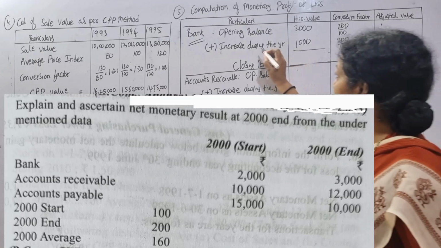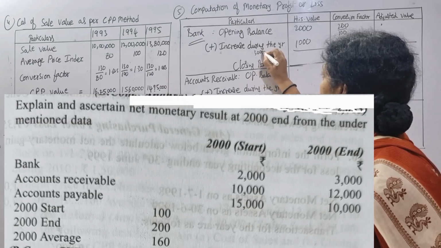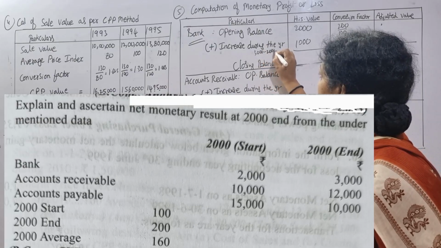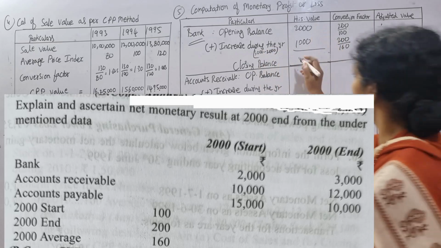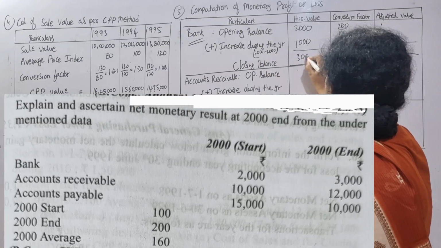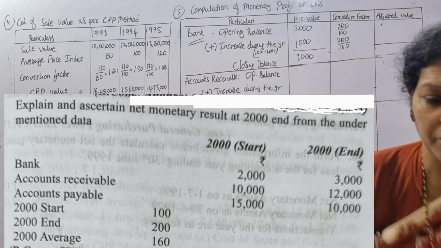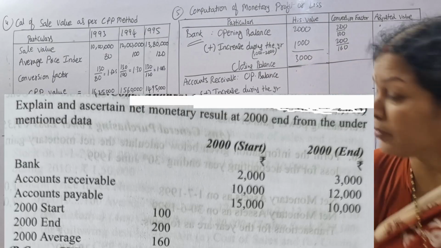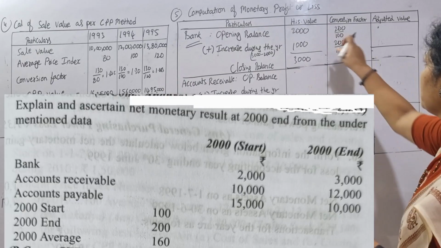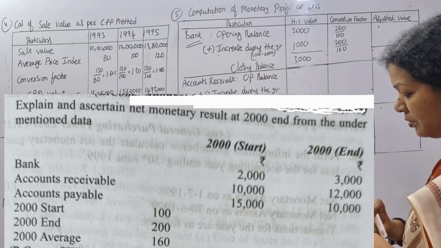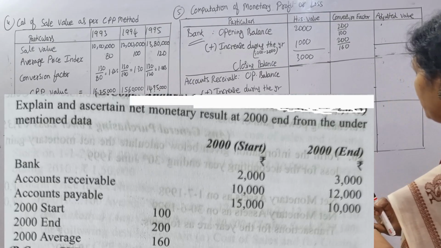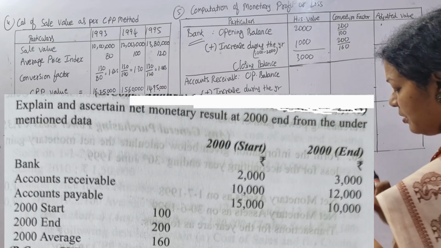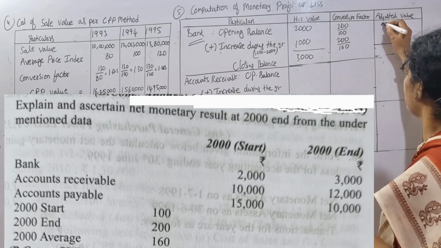How did you get 1000? 3000 minus 2000. So total it is 3000. We'll calculate the adjusted value. Adjusted value is 2000 into 200 divided by 100, which comes to 4000.